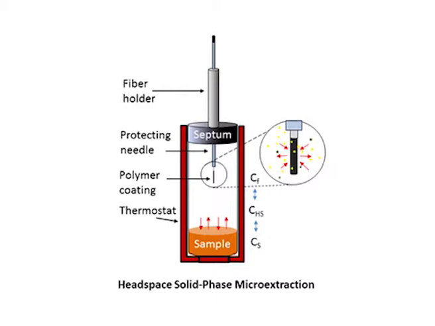Solid phase microextraction, SPME. Solid phase microextraction is an extraction technique for organic compounds in aqueous samples in which analytes are absorbed directly from the sample onto a fused silica fiber that is coated with an appropriate stationary phase.